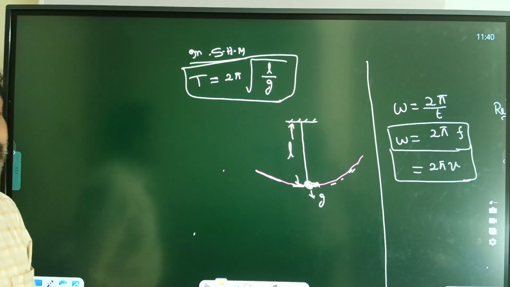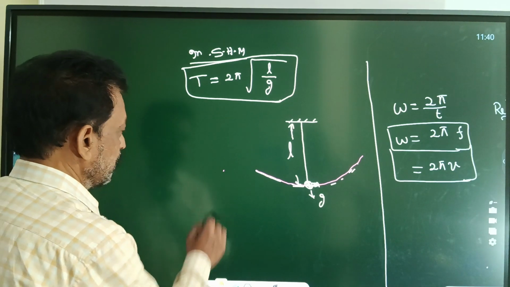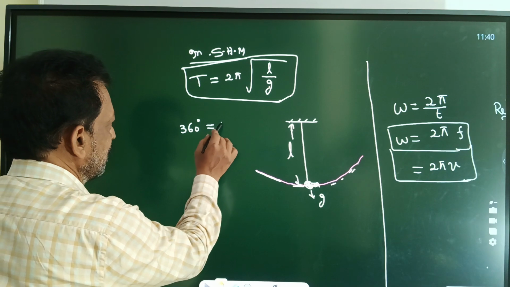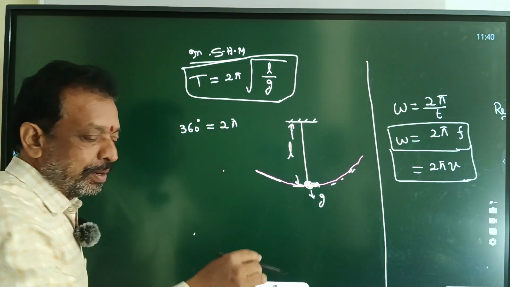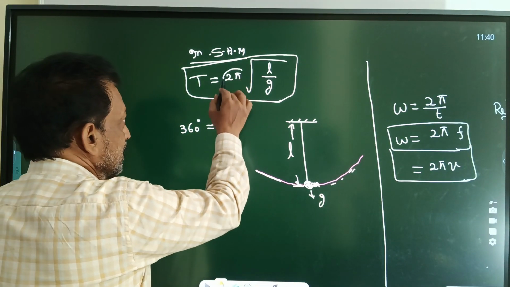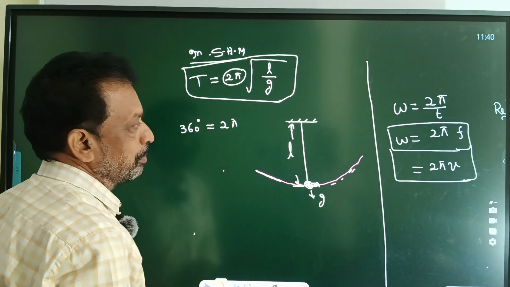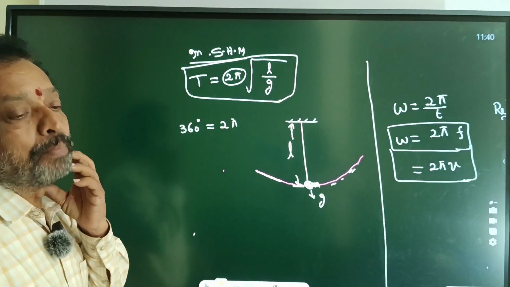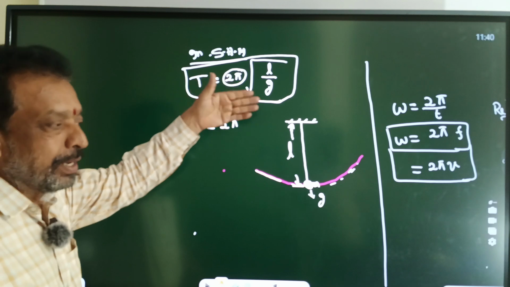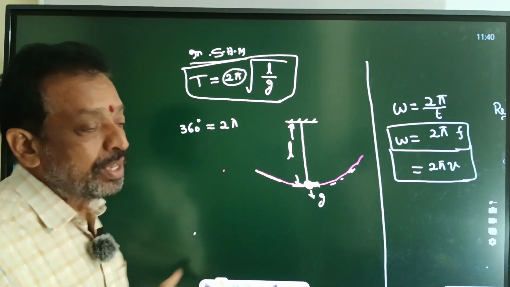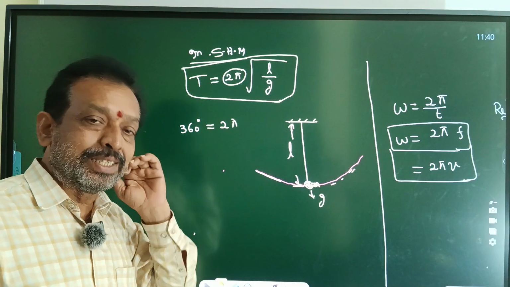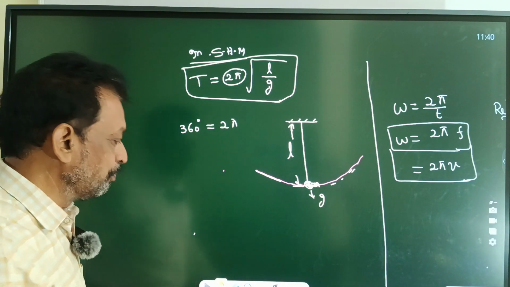So how many degrees? 360 degrees, which is nothing but 2 pi radians. That means the pendulum is oscillating in a plane only. You should not write 3 pi or 4 pi, because the pendulum is oscillating in the xy plane. If you take any plane, which is two-dimensional, the angle should be 360 degrees. Understood? Very good.